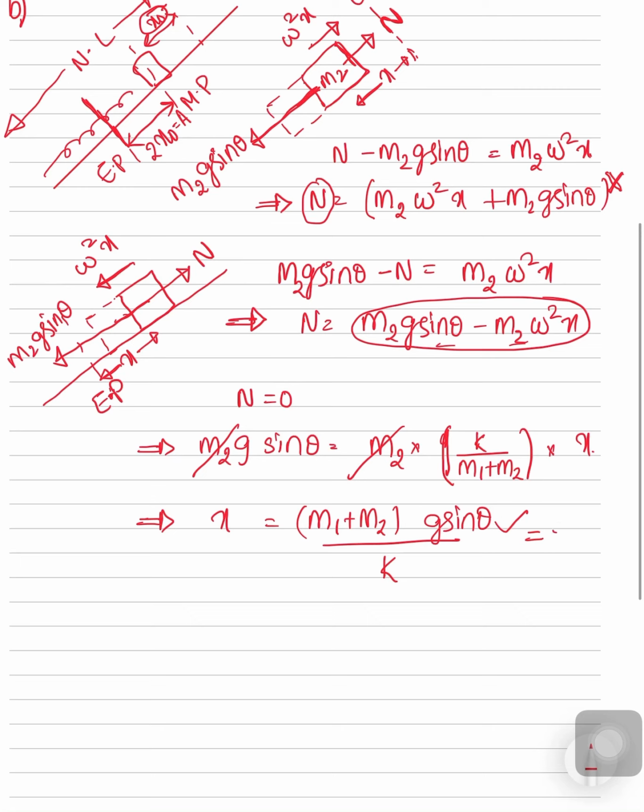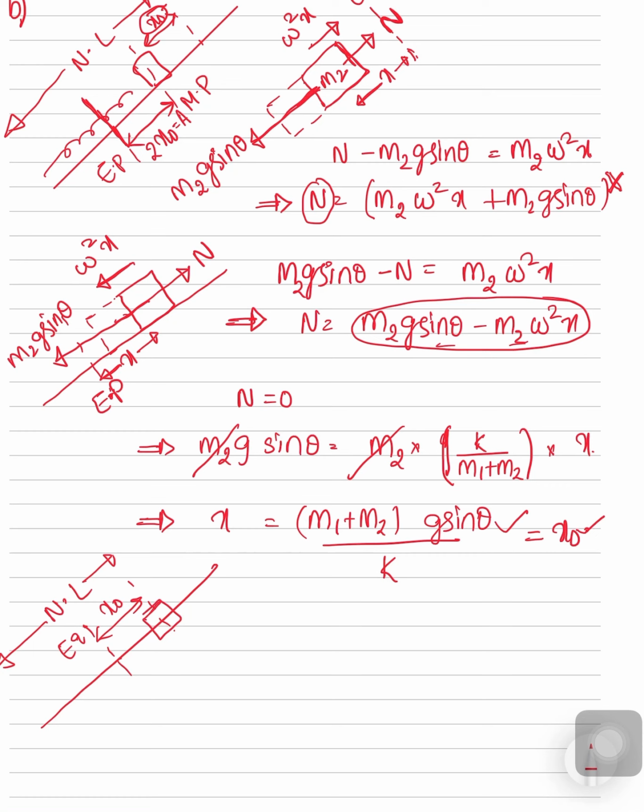So blocks are going to separate from each other when they are going to move a distance x0, which is the compression at equilibrium position, above the equilibrium position. If you see the scenario again, this is the natural length of the spring, this is the equilibrium position, this distance is x0.